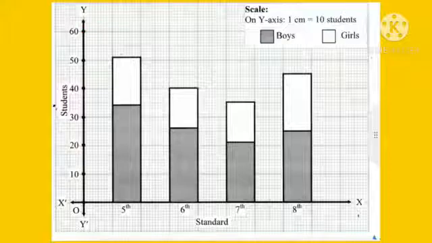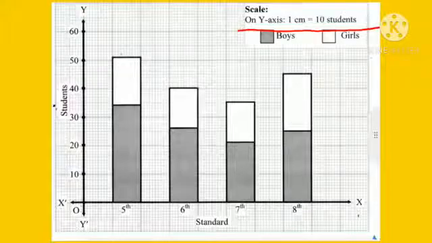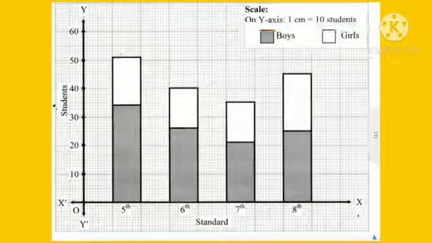We will write down the scale on the right hand corner of the graph page. The scale is given in the question, so we will use that scale. So the scale is, on the y-axis, 1 centimeter is equal to 10 students.